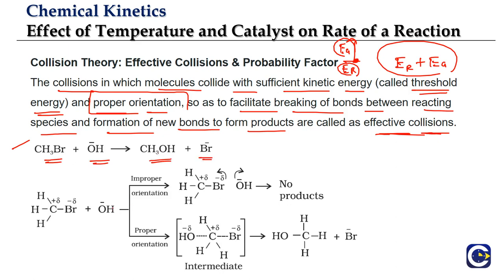If you see the orientation like this, where the OH is approaching in the same direction where the Br is present, these types of collisions will be improper orientation collisions. These are not going to give us any product. Whereas if the Br species is here and the OH minus is coming from exactly the opposite direction, then this will be a proper orientation collision.